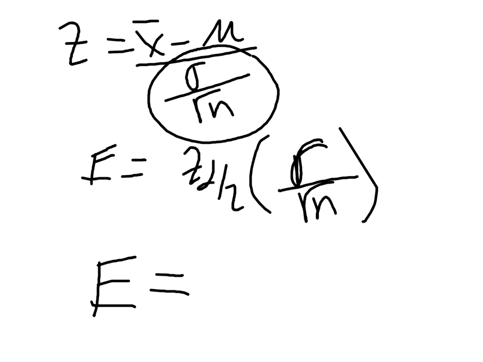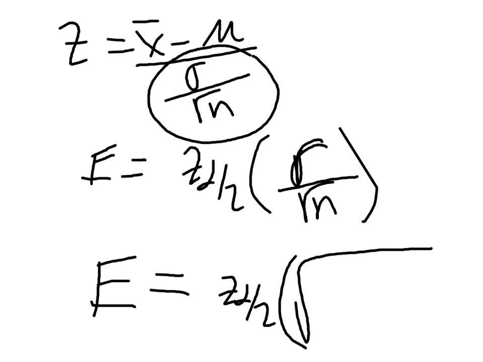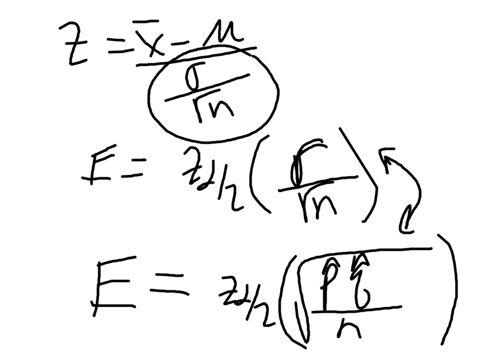Notice the Z alpha over 2 is the same, but now it gets multiplied times, I don't really need the parentheses there, but out of habit I use them, but I'll follow the book, something inside there called p hat times q hat all over root n. So these may look just a little familiar.